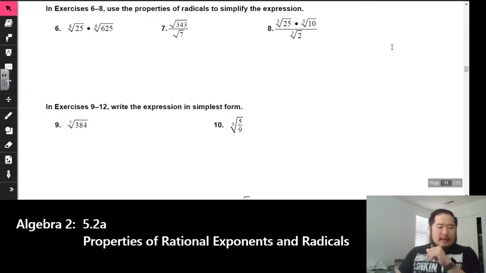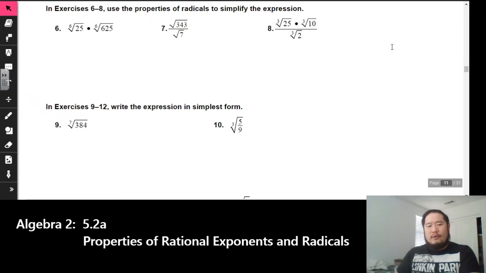All right. What I'm going to try to show you is using some of the tricks that we've learned so far in the chapter to help you solve these problems. Now, you may say, well, why do I even want to bother? Because I can just go ahead and use a calculator. Well, what if you can't use a calculator? Because there's going to be some problems where you can't, especially on the SATs.